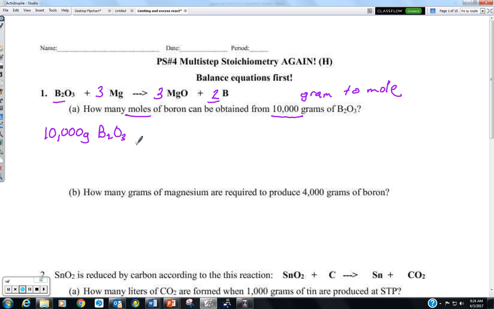of B2O3. Now, I know that there is a tendency to not want to write the formulas for these and all of that, but it's a good idea to show the chemical formula for each thing. It's a good idea to show the units for each thing and not get lazy on this, at least until we get good at these, so that we know what's going on. All right, so what's my second step here? After I've done 10,000 grams of B2O3, what do I need to know?